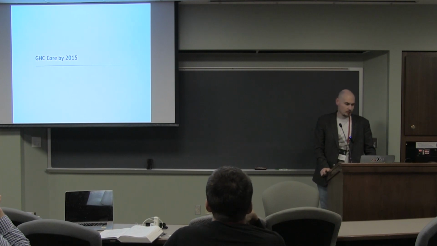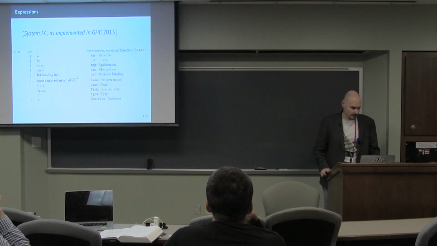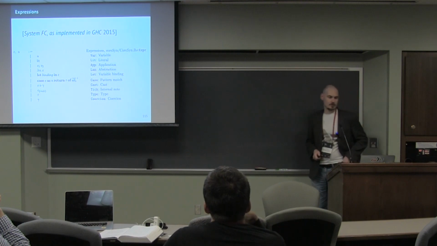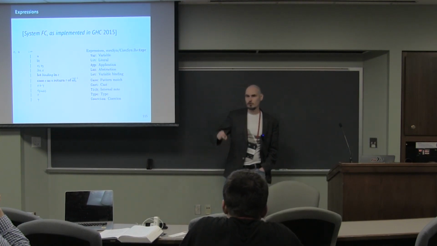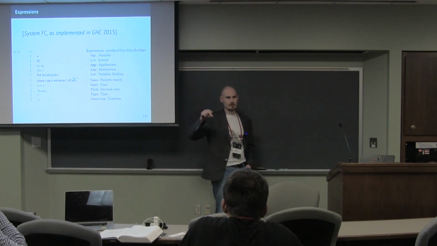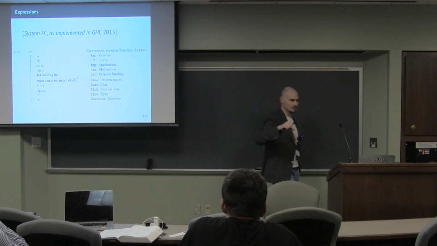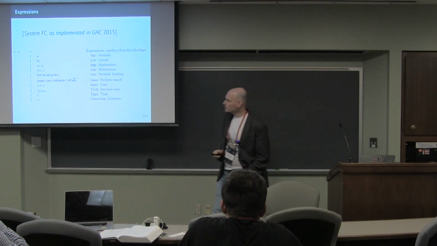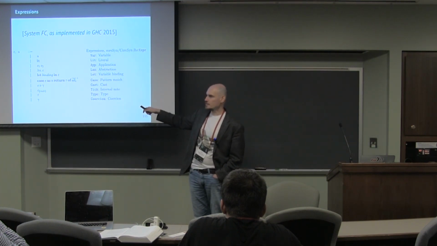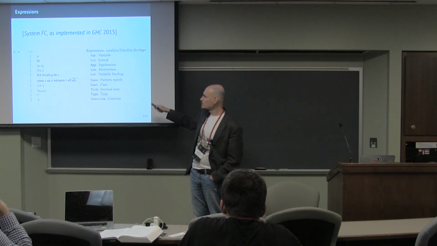So before that, 2012, we had GHC Core as follows. So we still use, with all this FC Pro, FC2, the name system FC, but with all this stuff. So this is very close to what we had in the beginning this morning.